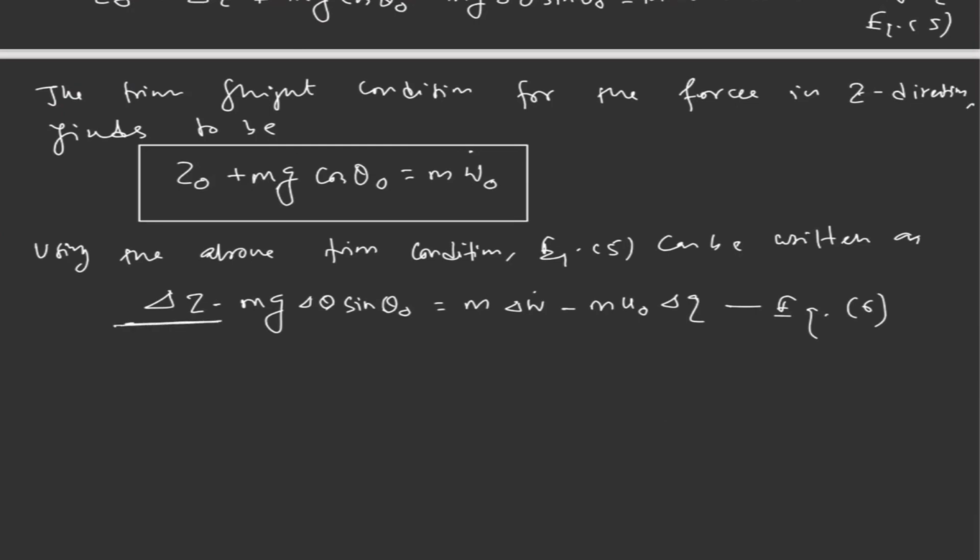So now, similar to the force equation in the x direction, the way we followed, here del z, the perturbation of force, can be caused due to different variables, and we can write that del z in the form of a Taylor series.